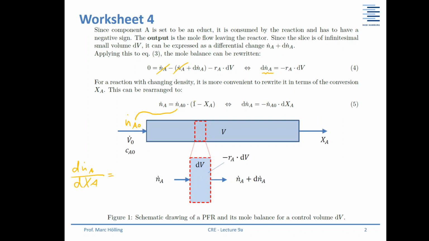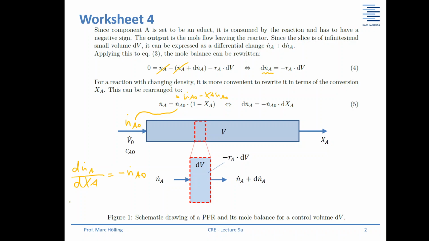The first term is a constant, so it drops out, and the last term is N dot A0 times XA. If you do the derivative, this is just minus N dot A0.